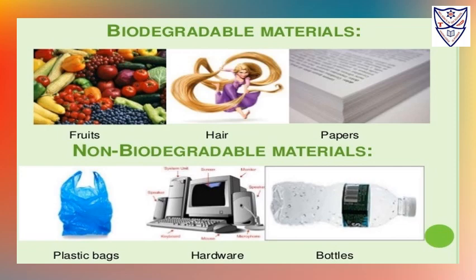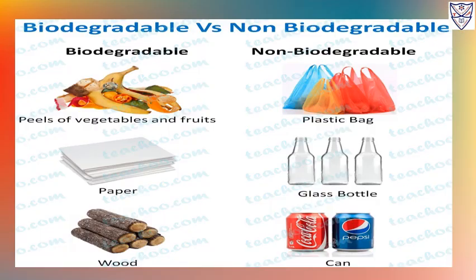Examples of non-biodegradable waste are plastic, glass, hardware, etc. Biodegradable waste does not cause pollution, while non-biodegradable pollutants do. Plastic should be disposed of carefully so that it does not clog or choke drains and does not become food for animals, as they may choke and die, and it should not be thrown into the sea as it can kill sea creatures.